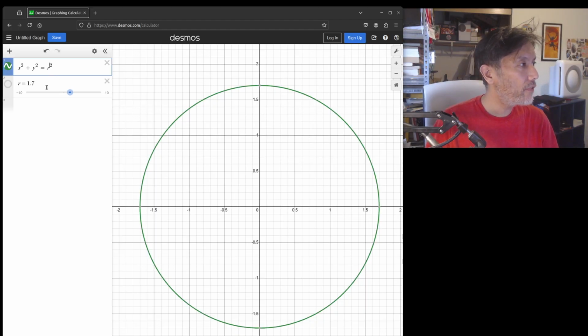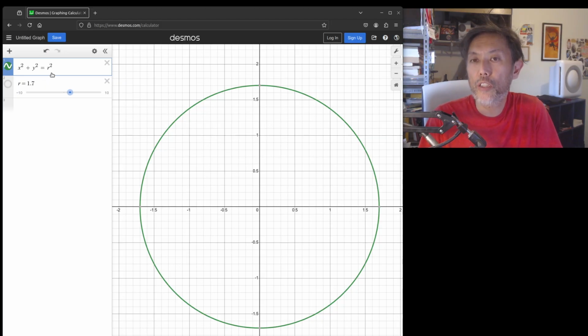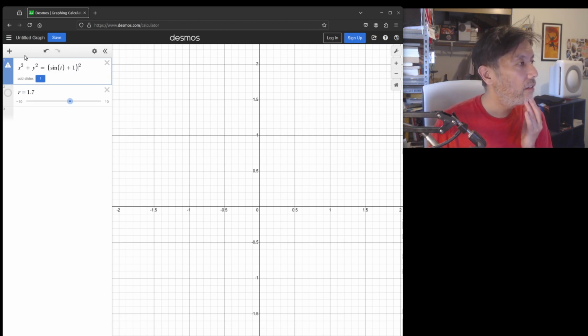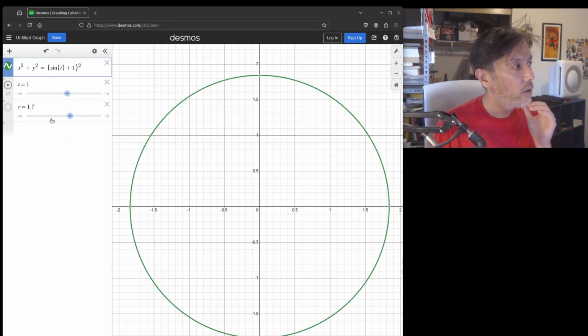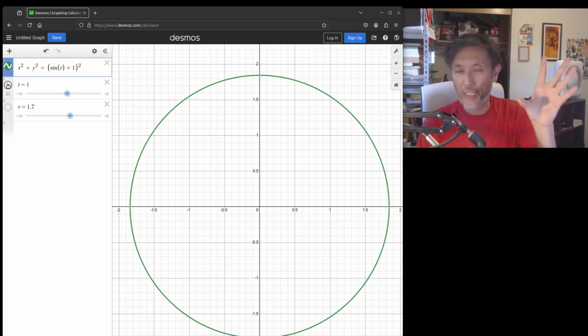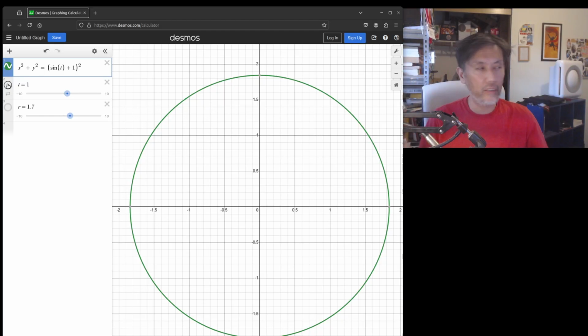You could imagine, for example, instead of r being constant, what if r was some kind of function of t? Let's make it be sine of t plus 1 or something like that. What we could do is animate this so that the radius is going to oscillate between, in this case, 1 and 2. At least I think so.